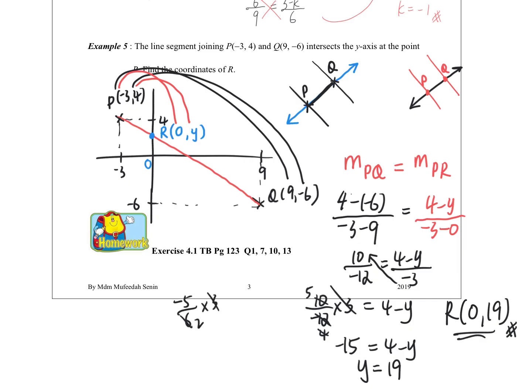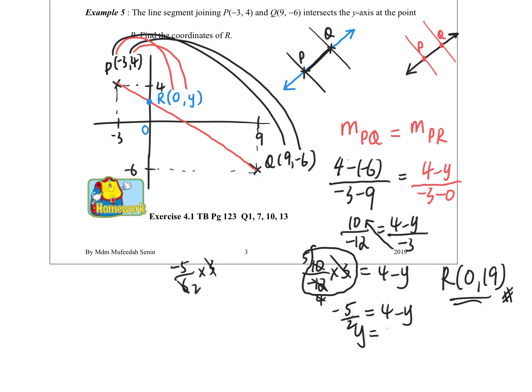Okay, my bad. Wait, no, it's 15 over 2. The 3 I cancelled already, right? Press your calculator. My answer is correct, right? Then I bring the y over, minus 2.5, so it's 1.5.